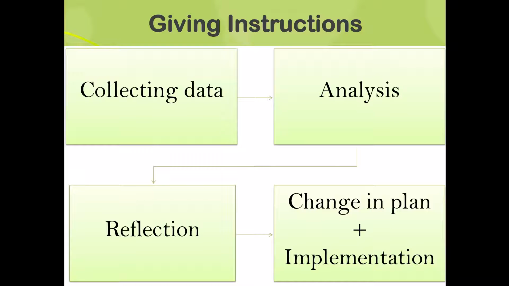So this is the basic cycle. These are the basic steps according to which you conduct class observation or you analyze a case that has to do with class observation. Keep that in mind. Now we will apply these steps to case number 1.